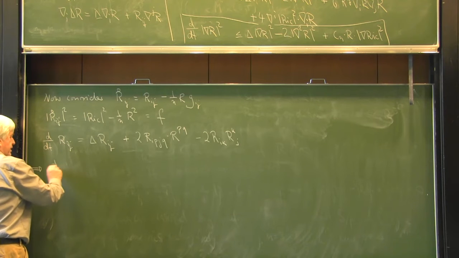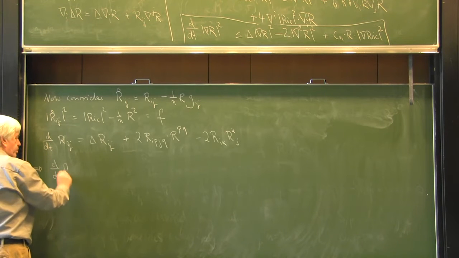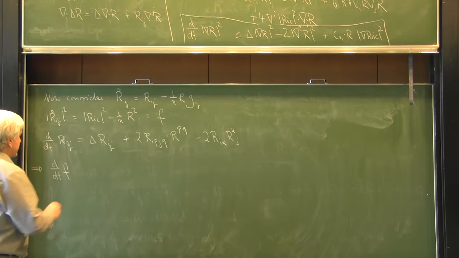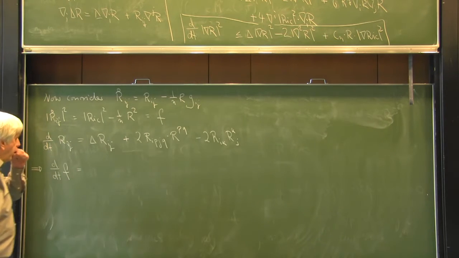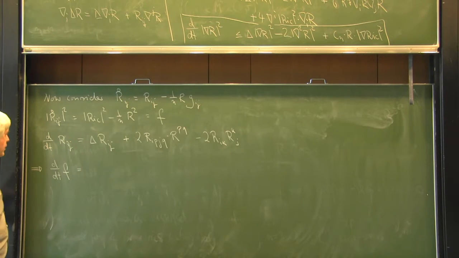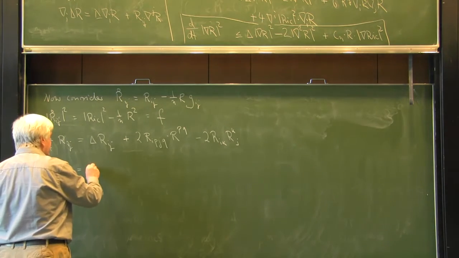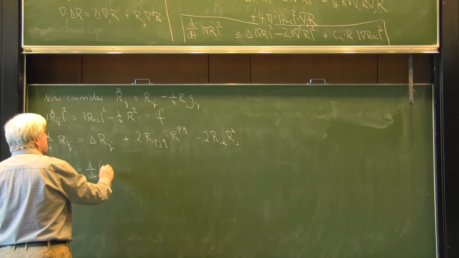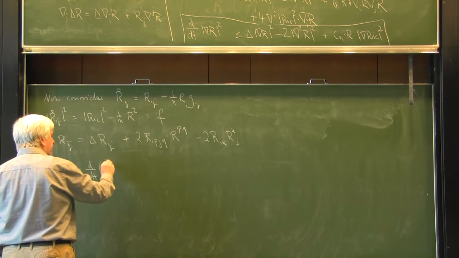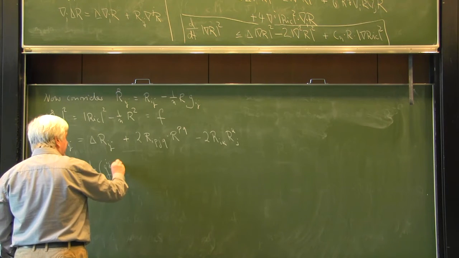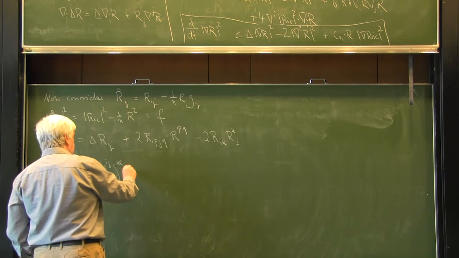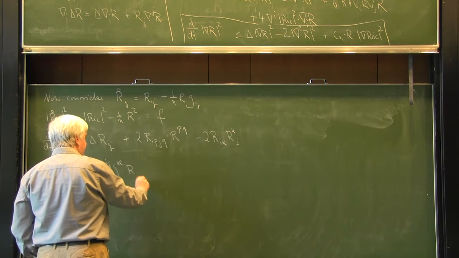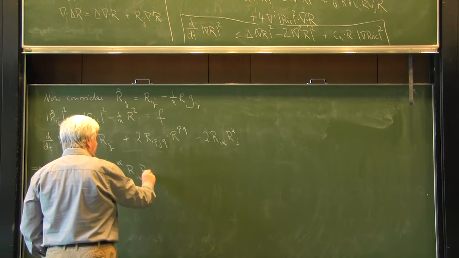So we get d/dt of f is equal to, now d/dt of Ricci squared. This is d/dt of, let me be slow, g^ij g^kl R_ik R_jl.